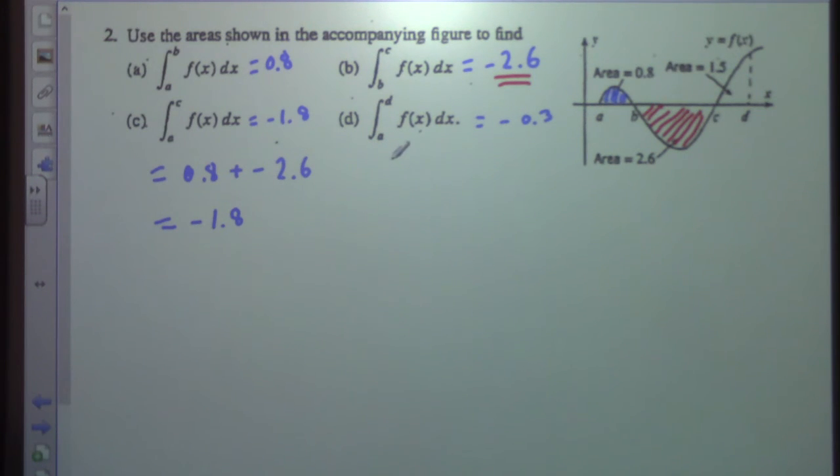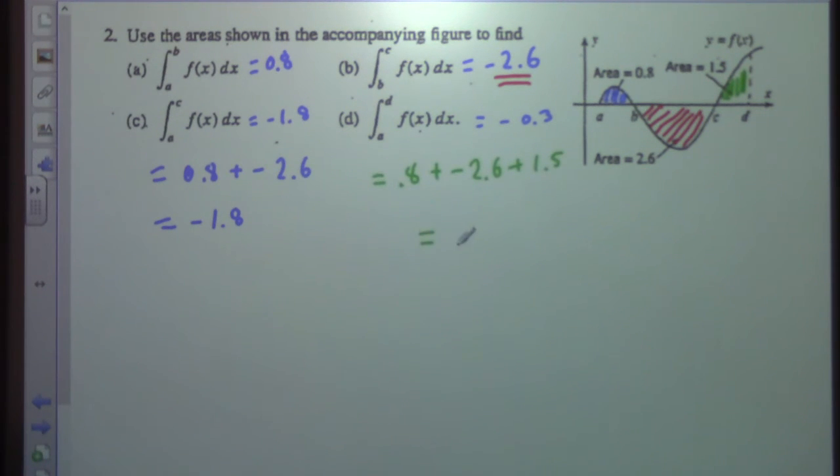All right. And then the last thing we have is this one here, from A to D. For part D, you're taking all these together. You're taking this 0.8 here, plus negative 2.6 from this area, and finally you're adding this area above the x-axis, 1.5.